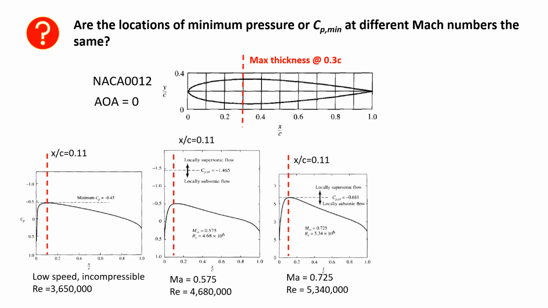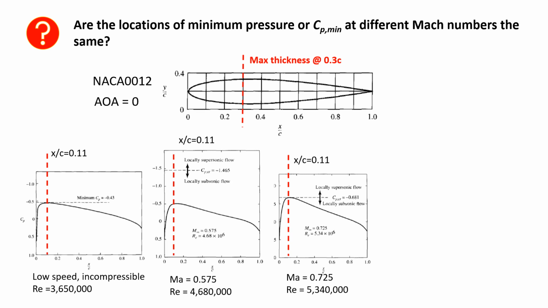Okay, so let's see the three measurements. It's this airfoil at 0 angle of attack, measured at 3 Mach numbers, actually 3 speeds. One is low speed, which we can treat as incompressible flow. The Reynolds number is 3 million something, and then the Mach number increases to 0.575. The Reynolds number also increases, and the Mach number eventually becomes 0.725, with a Reynolds number of 5 million something.